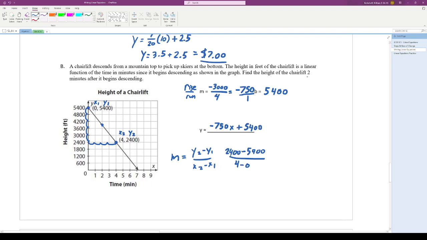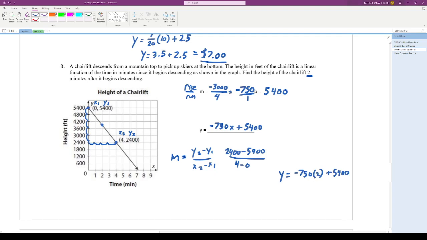To find out where the chairlift is after 2 minutes, we can plug in 2 for x. So I'll go down to the bottom right here, and we'll write our equation. Y, whatever our height is, equals negative 750 times 2 minutes plus 5400.